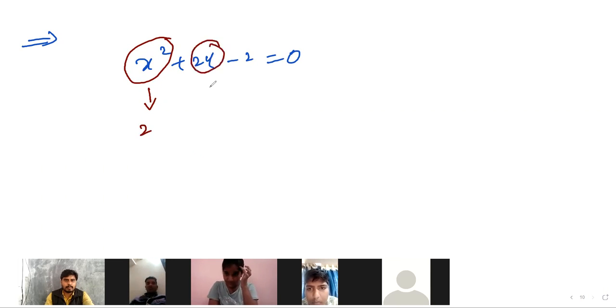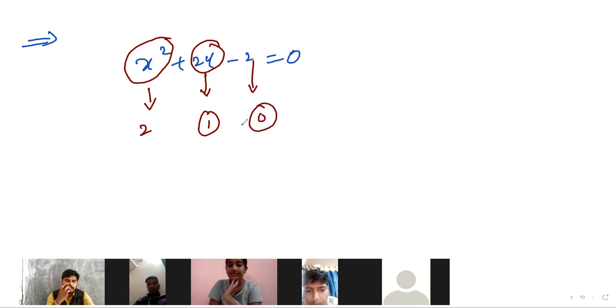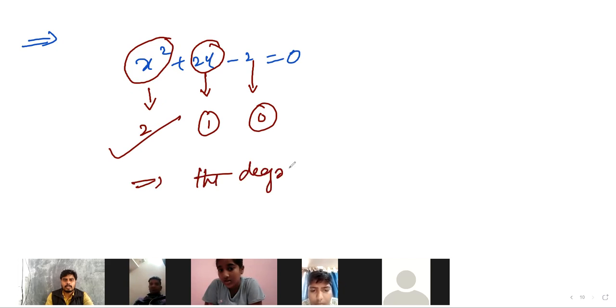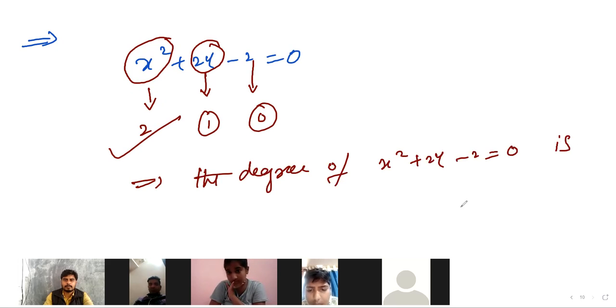For the second term, 2y, what is the degree? 1. For the constant, there is no variable exponent, so it is 0. Which is the highest? x square, 2 is the highest. So the degree of x square plus 2y minus 2 is equals to 0 is 2. Did you understand? Yes, sir, that is the degree.